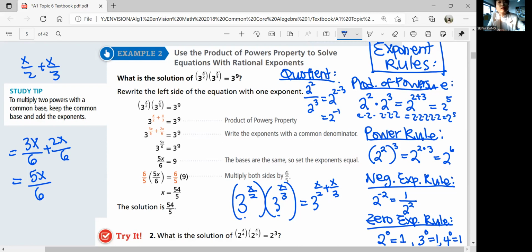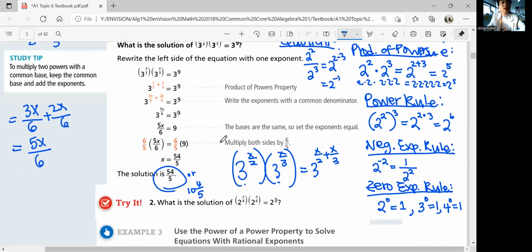So you can just get rid of the base here and say 5x over 6 is equal to 9. And now you can just solve for x. Multiply 6 on both sides and divide by 5 on both sides. And you get 54 over 5. X is 54 over 5 or 10 and 4 over 5. Okay.